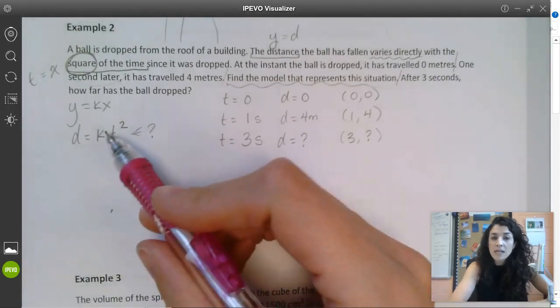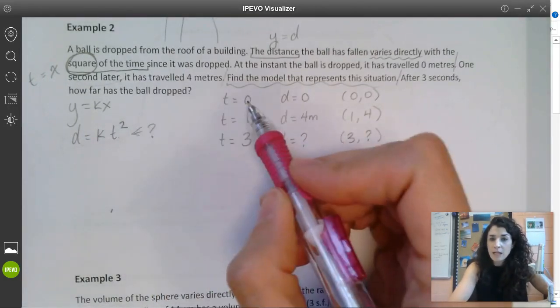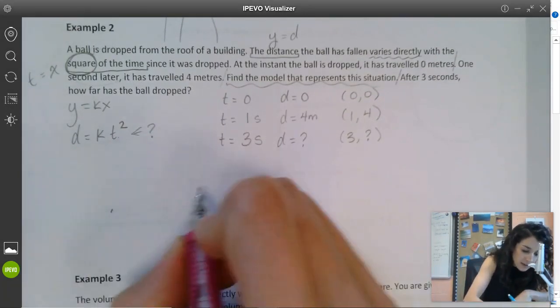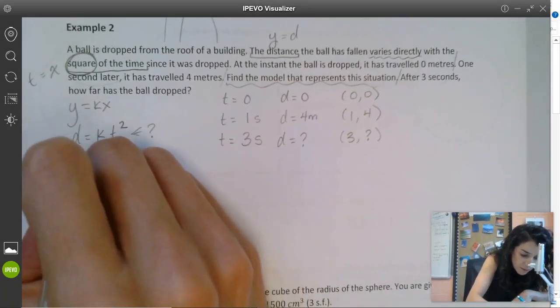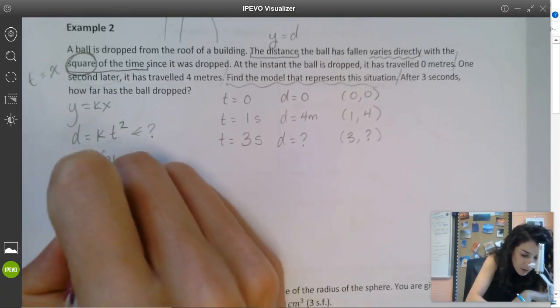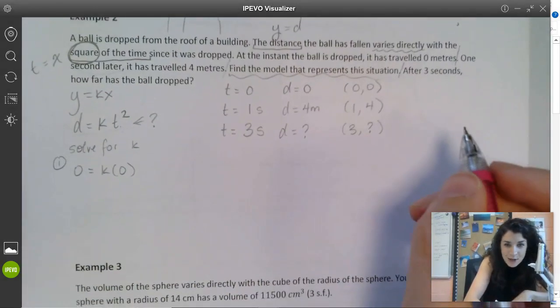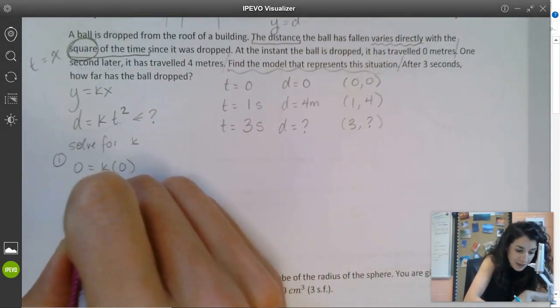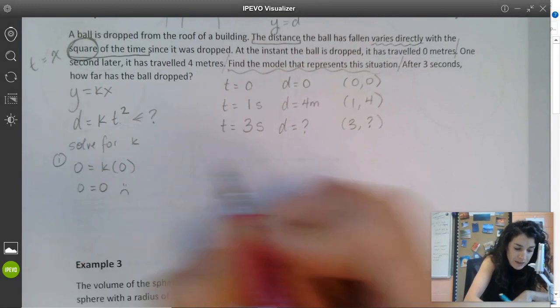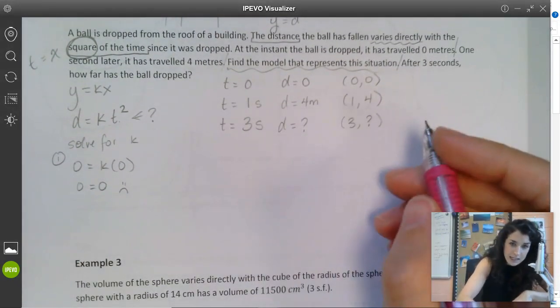Well, I know I need to solve for k. So if I plug in a value like (0, 0), I get 0 equals k times 0. Well, that's not super helpful because I just get 0 equals 0. So sad face, that doesn't help. Thankfully, though, I've been given a second value.